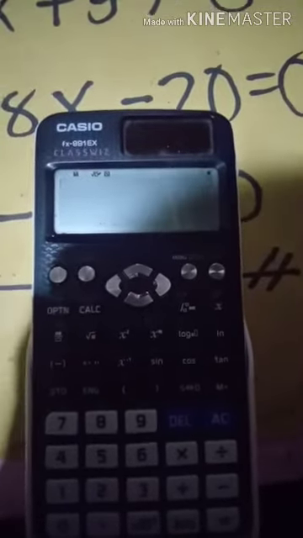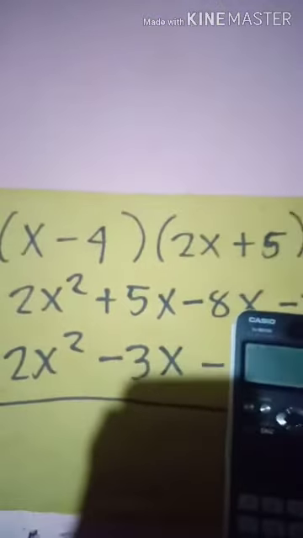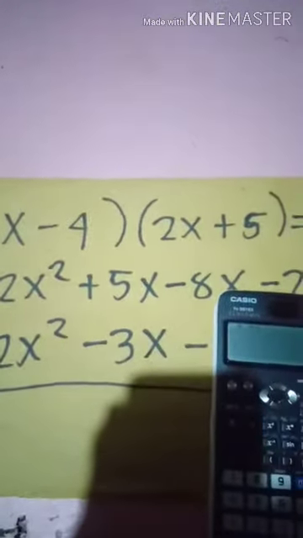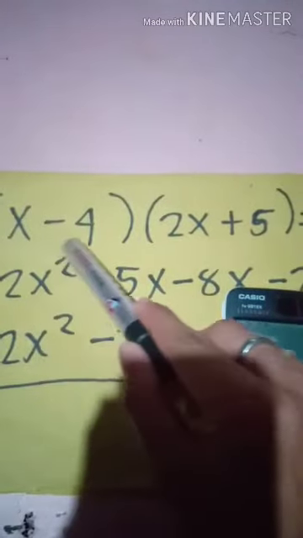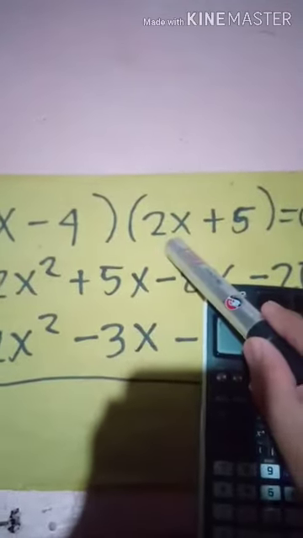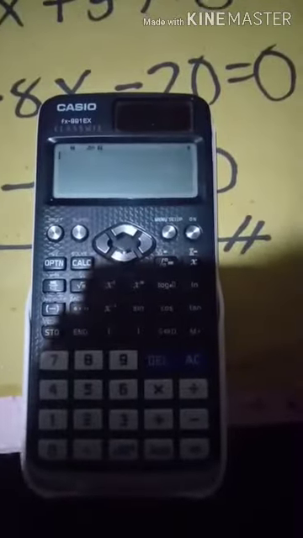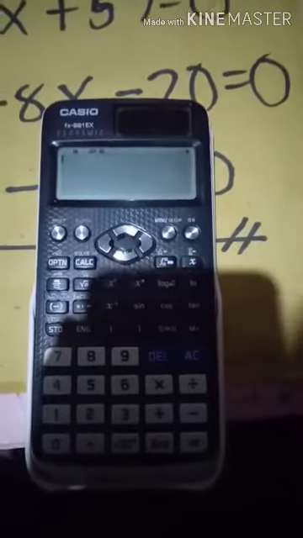Now let's get our calculator. We solve the equation first, which is x minus 4 times 2x plus 5. Let's assume x is 3.